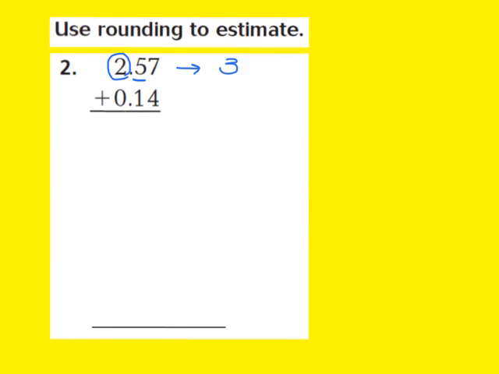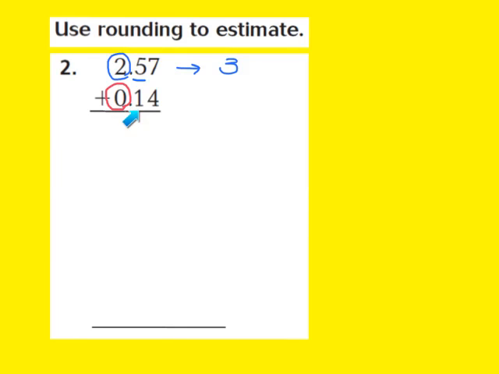Now, let's take a look at this second number. I have 14/100. Now, I have a 0 right now in the ones place, and I know that that's where I need to round to. So I'm going to go ahead and put a circle around that 0, and then what I'm going to do next is this. So the 0 is where I'm rounding to. Now I'm going to look at the number to the right of my 0.